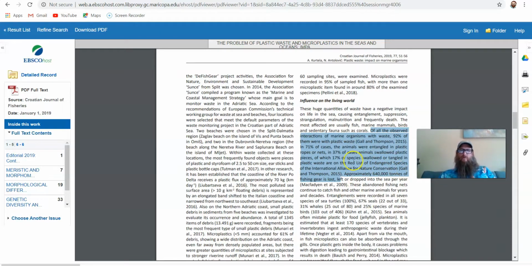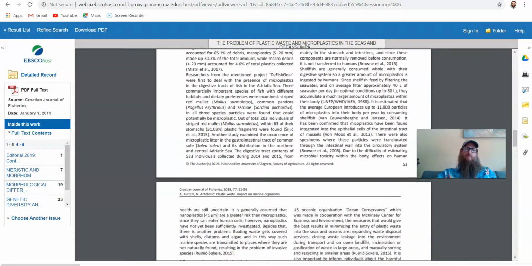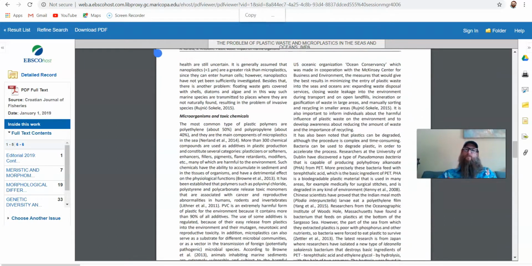And there's further facts about how they interacted with it, right? Whether they swallowed it or were tangled up in it. Obviously, this is a significant piece of data that you could comment on in terms of the importance of addressing this, in terms of the proof of it being a problem, in terms of the proof of its impact on our ecosystem.